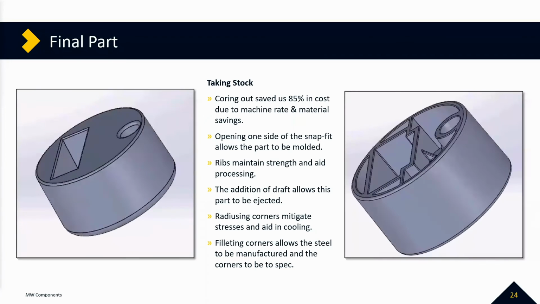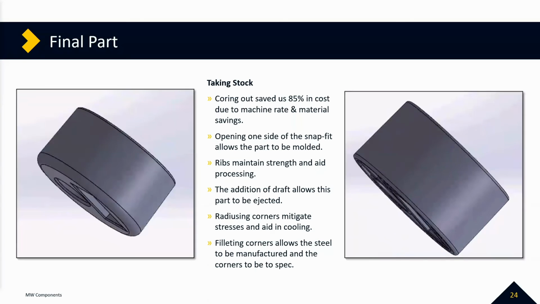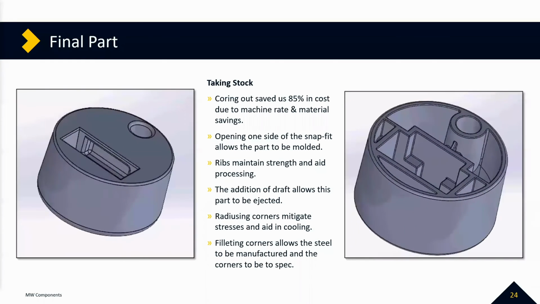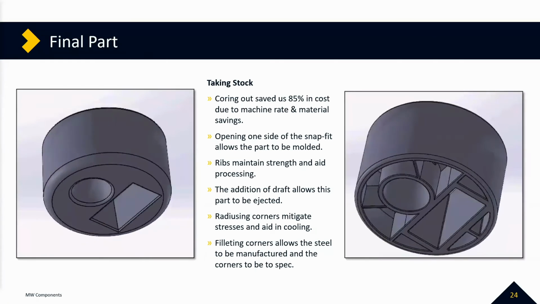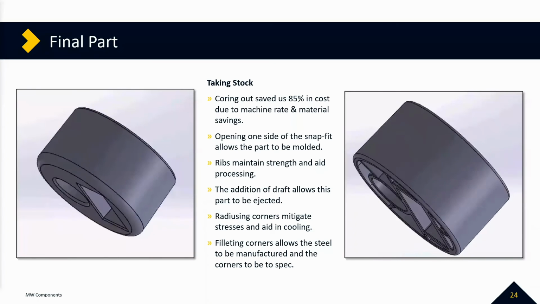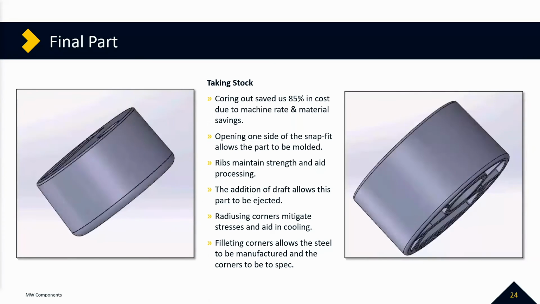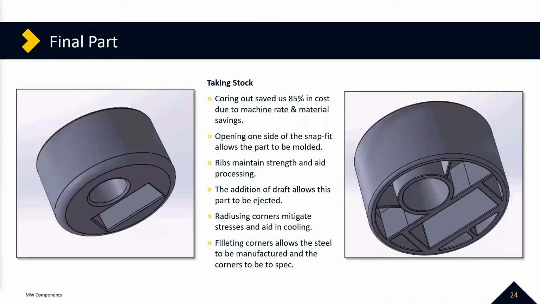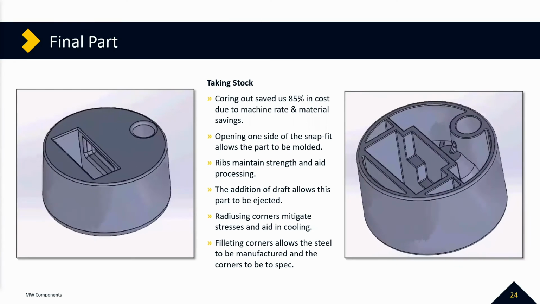The ribs are maintaining strength and aiding in the processing of the material. And the addition of draft allows the part to actually be ejected. Finally, radius and corners are mitigating the stresses and aiding cooling, and the filleting of all those areas allows the steel to be manufactured in the corners to actually be to spec.